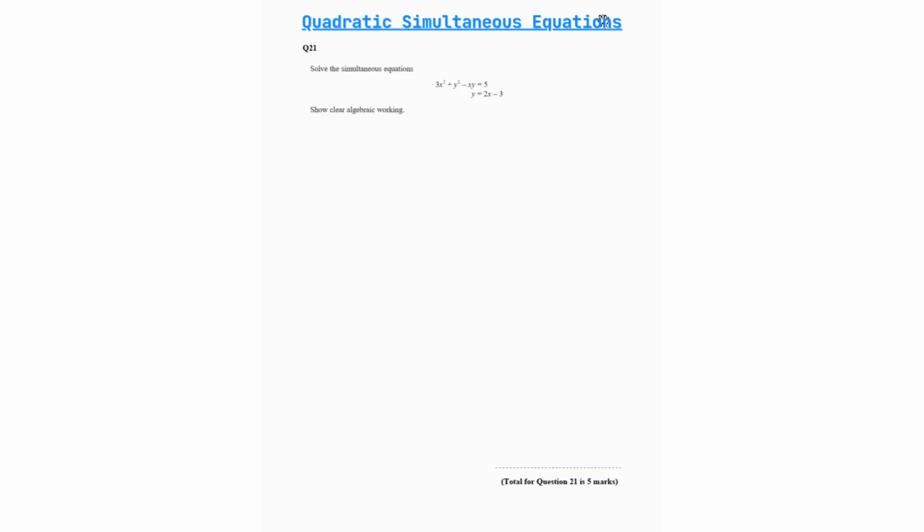So now the first equation is 3x squared plus y squared minus xy equals 5. And the other one is y equals 2x minus 3. Show clear algebraic working. So we're going to substitute the second equation in the first one. Sub 2 in 1.